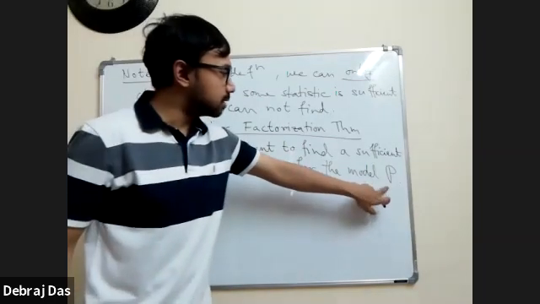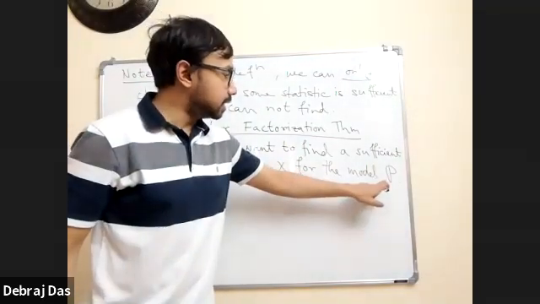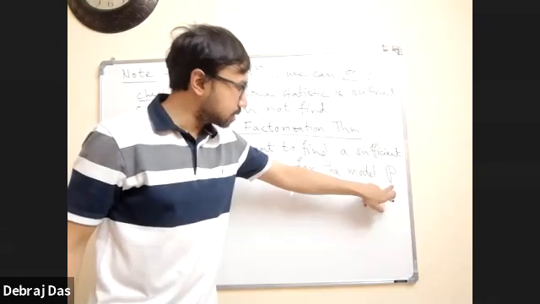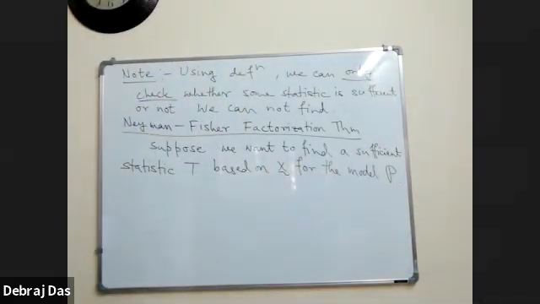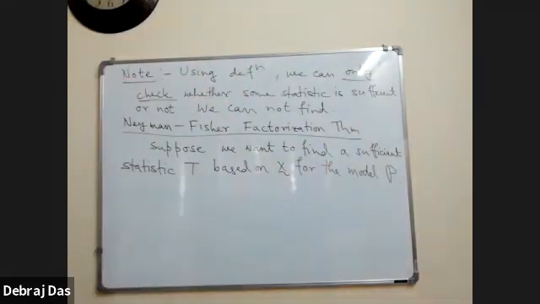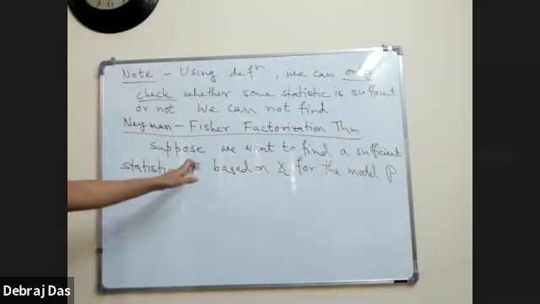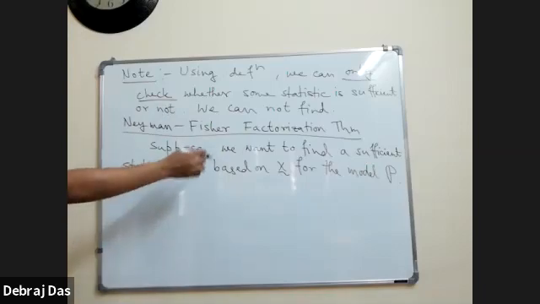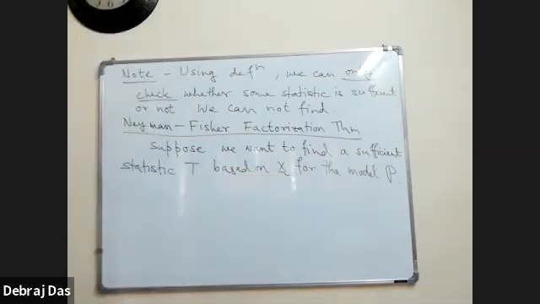Sometimes I will say this is the model. Model means each individual belonging to this class is a model. So this is a family of models, or the model. It's fine. So suppose this is the aim: we want to find the sufficient statistic T based on the sample X for the model script P.